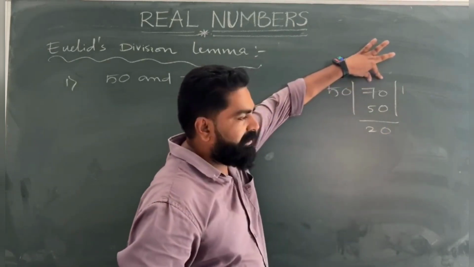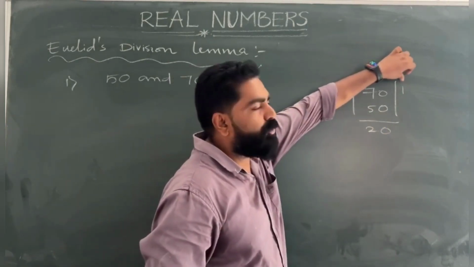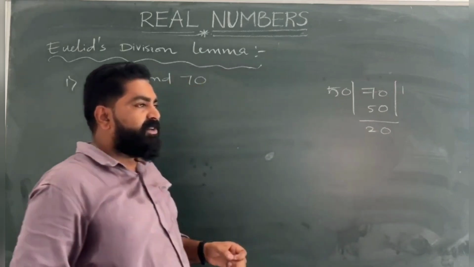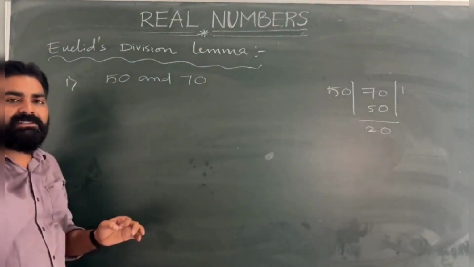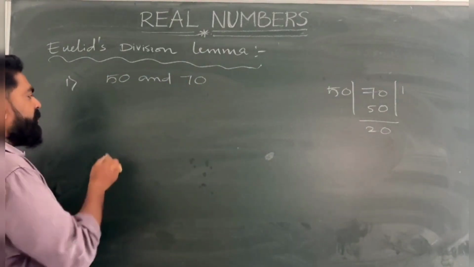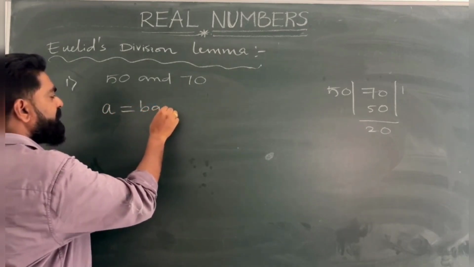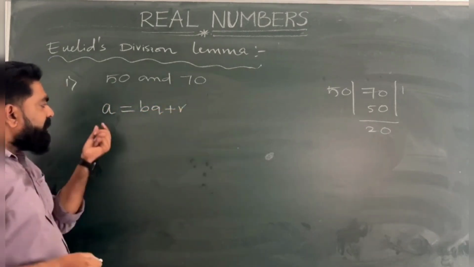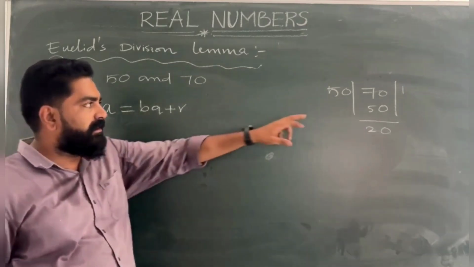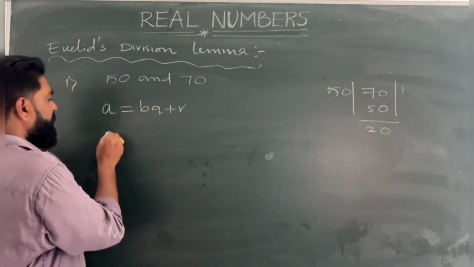Here we have dividend, divisor, quotient and remainder. So what is the Euclid division theorem? Already we know the formula: a is equal to bq plus r. a is equal to the dividend, which is 70.